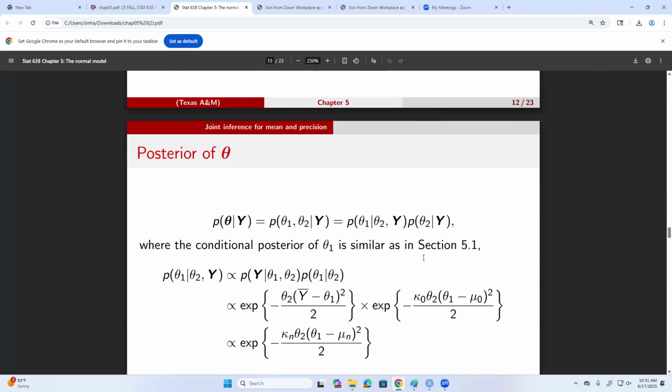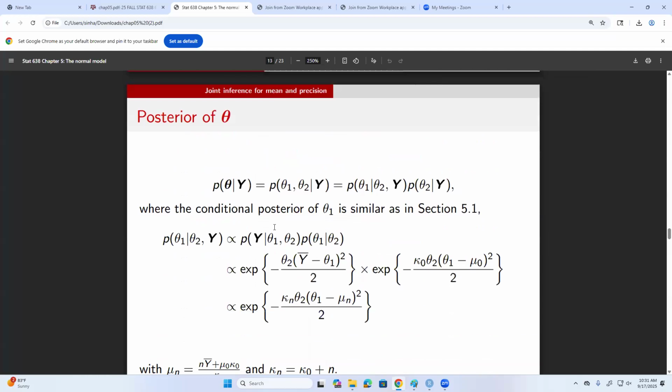Next is the posterior of theta. So here theta has two components, theta 1 and theta 2. The joint posterior of theta 1, theta 2 given data, I can write as the posterior of theta 1 given theta 2 and data, times the probability of theta 2 given data.